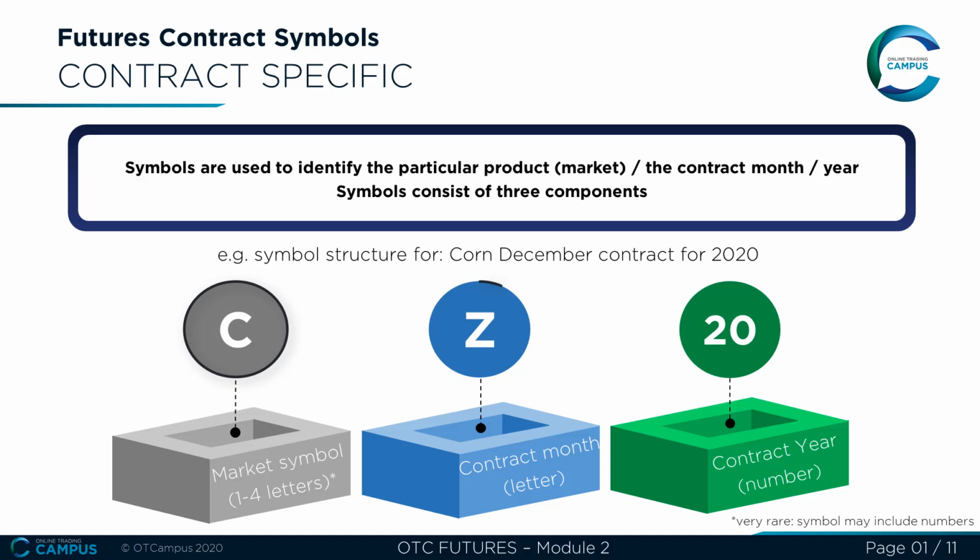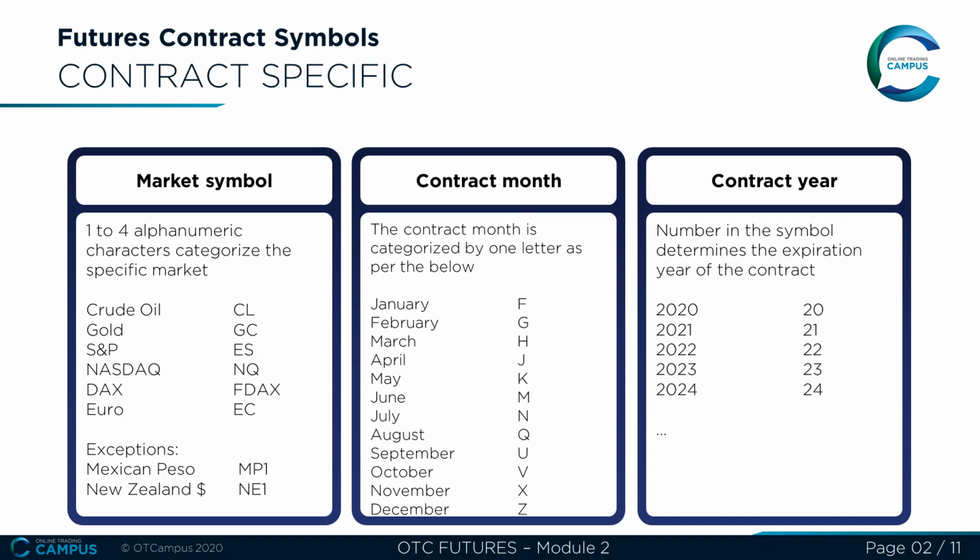Component number two, the contract month, which is always a single letter. Component number three, the contract year, which is obviously a number. So if you want to trade the corn December contract in 2020, you would use CZ20 to plot this particular chart in TradeStation. So let's continue to look into the three components.